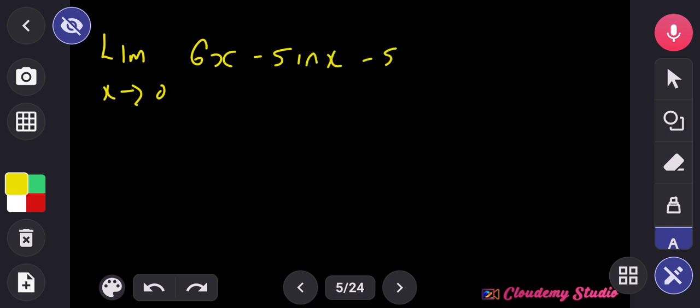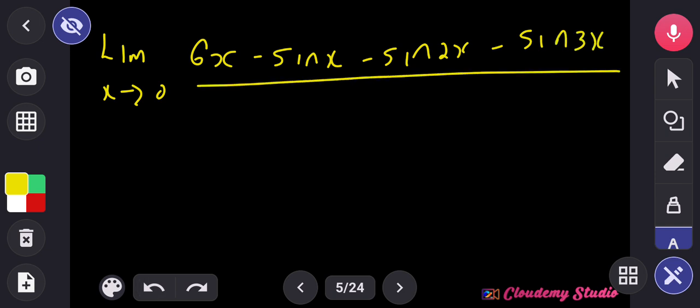Let us say that limit of x tends to 0 of 6x minus sine x minus sine 2x minus sine 3x, sine 3x, everything divided by x power 3. Limit of x tends to 0.